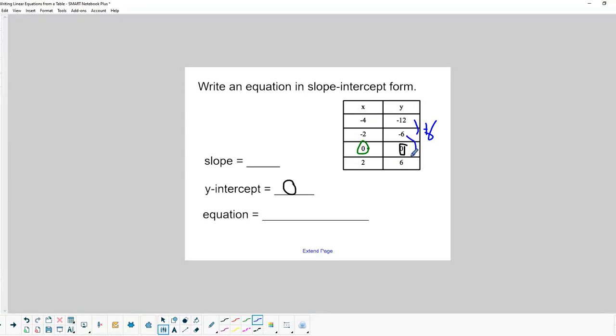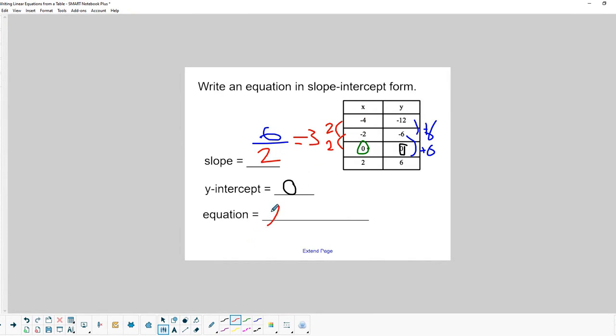To go from negative 6 to 0, another increase of 6. And then from 0 to 6, another increase of 6. So our change in y is 6 over, we just got to find the change in x now. So our change in x to go from negative 4 to negative 2 would be 2. To go from negative 2 to 0, that's another 2. So our change in x is 2.